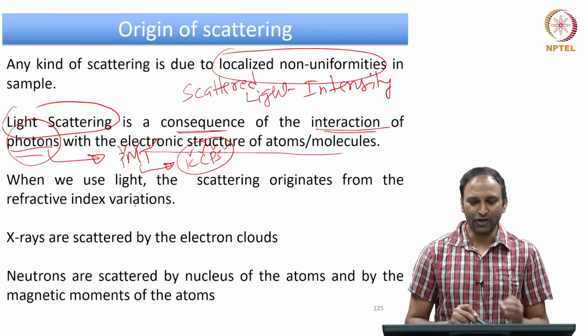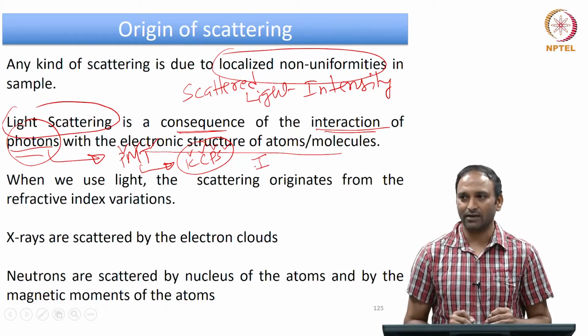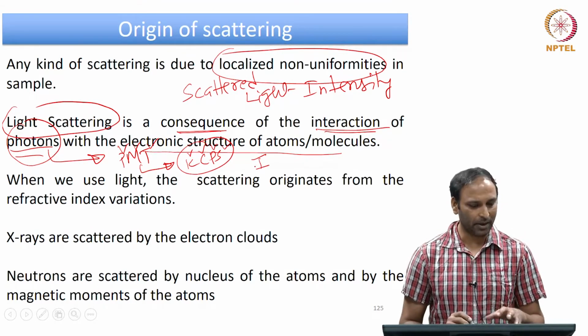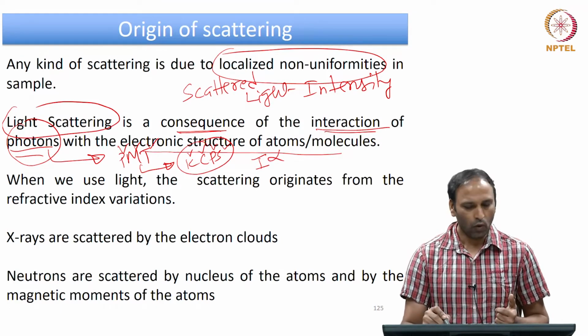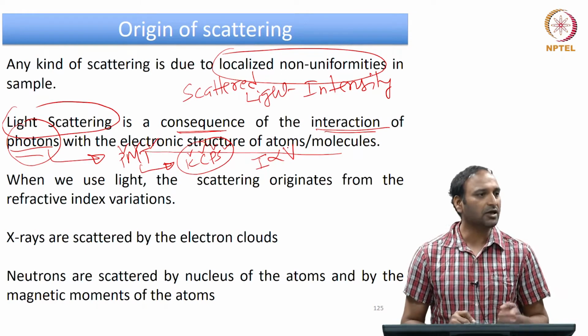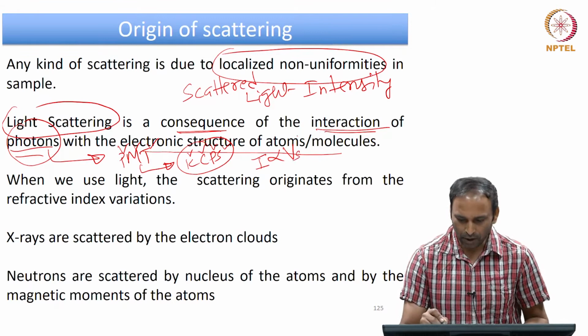Okay. In general, one thing that you should know is that any scattered intensity, I, that is detected by any device that one is using, is proportional to the volume of the particle that you have in the dispersion to the power 2.